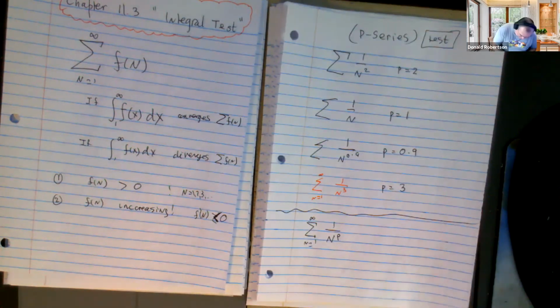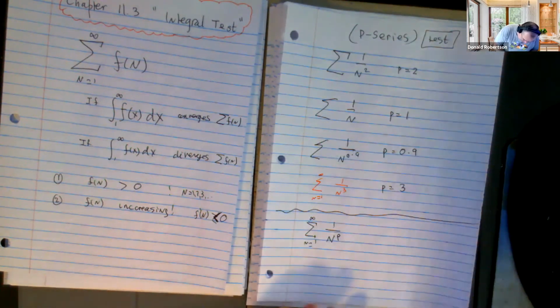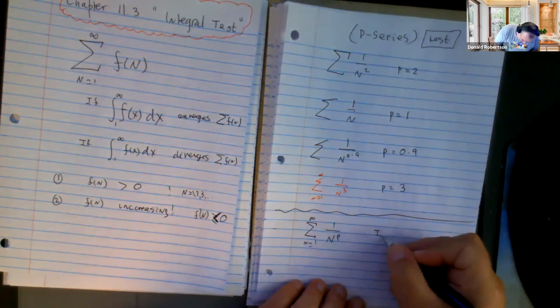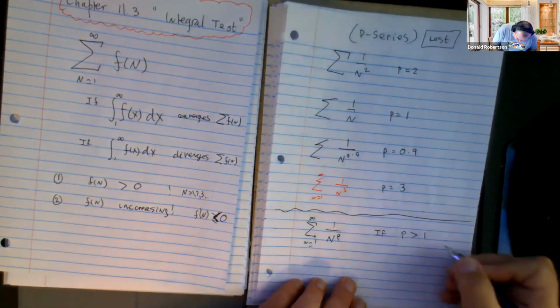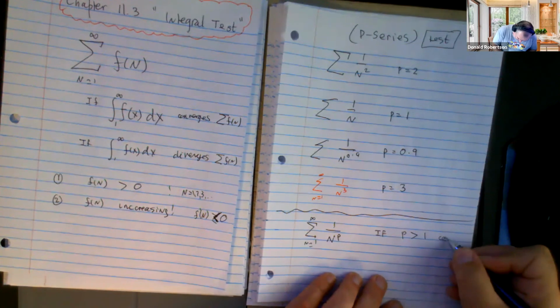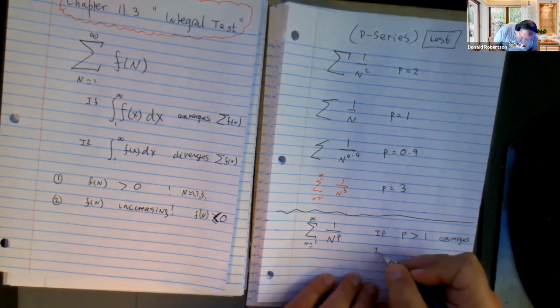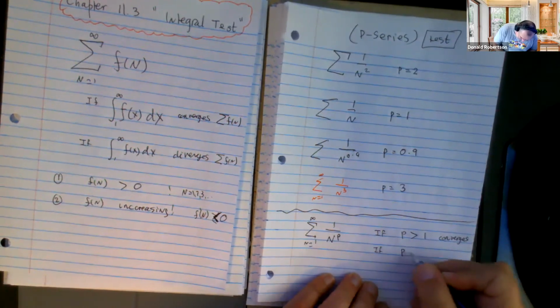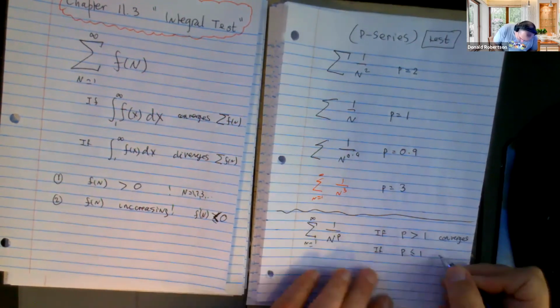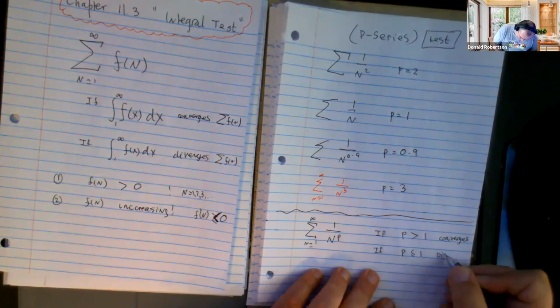If p is greater than 1, the series converges. And if p, the power p, is less than or equal to 1, it diverges.